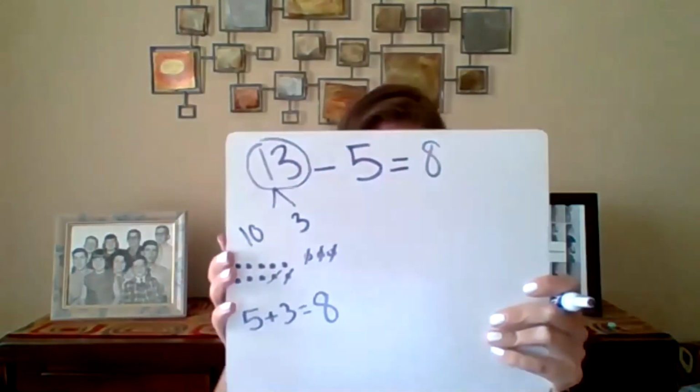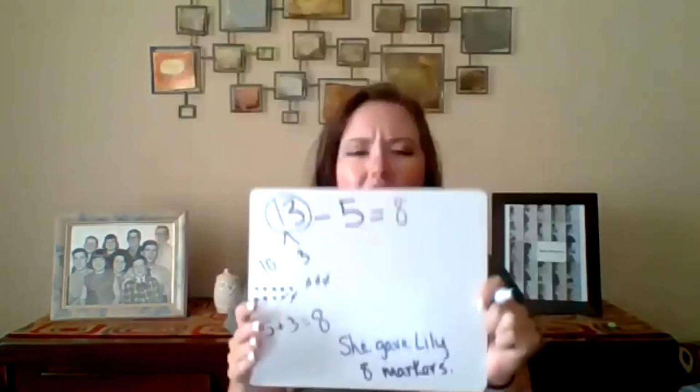So now we're just going to write a statement. All right, so I'm going to put, she gave Lily 8 markers. Just like this. Nice job. We've been working a lot with this stuff, and you guys are crushing it. I'm so proud of you guys.